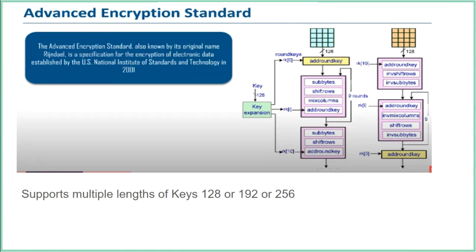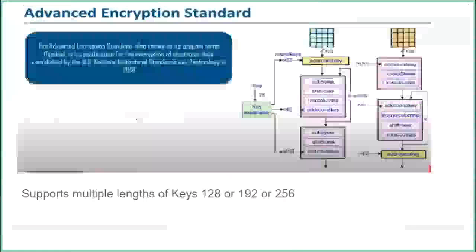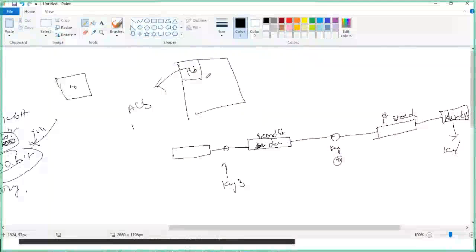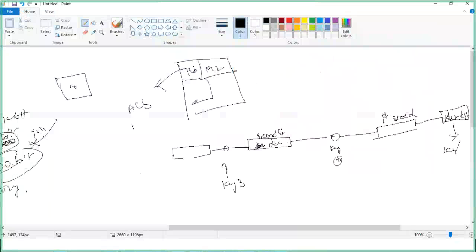If you have a file, take a block of data and apply this AES, and you will get 128-bit data, or 192 or 256, whichever the size.